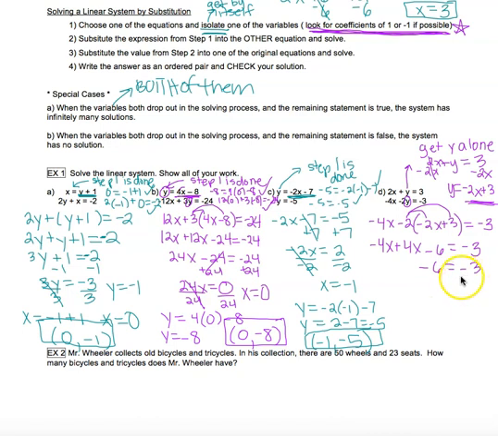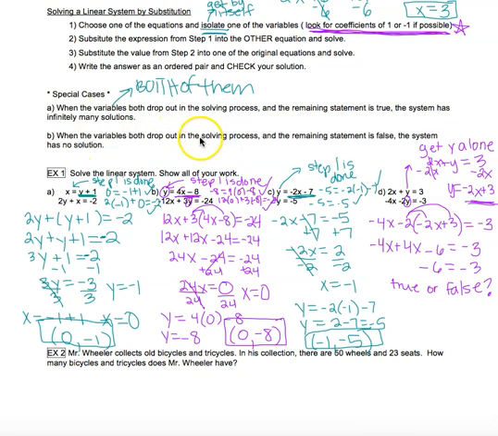Okay, so this is one of my special cases. My variables dropped out. I don't have an x and I don't have a y. So what we need to decide is, is this remaining statement true or false? And then, based on that, I need to choose, is my answer infinitely many solutions, or is my answer no solution?